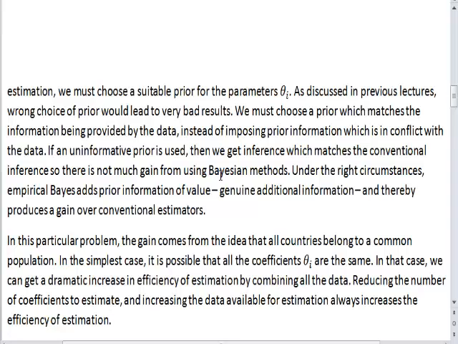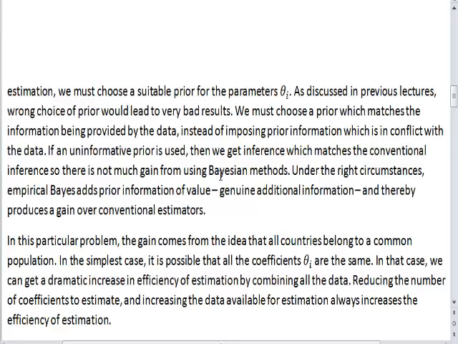So the genuine thing is that if you have genuine prior information, then impose it, and you can make a lot of gains. And there is a risk that if the prior information is wrong, then you will make a lot of loss. So you should only do it with good prior information. But that's also the lesson from the Stein estimation: if you don't have good prior information, your gains are trivial and you don't make any losses.